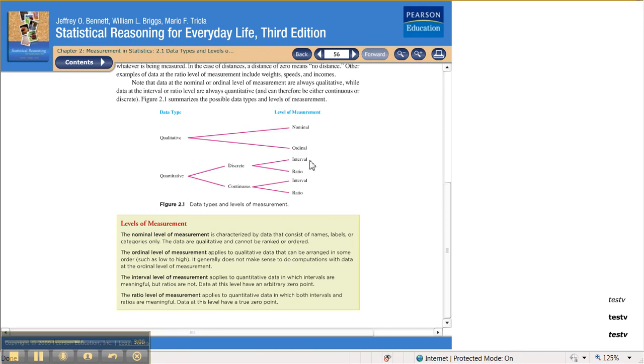If you move up the line a little bit and you're working with quantitative data, interval is not very common. So most likely you're probably not at the interval level if you're working with quantitative data. An example would be temperature. In Fahrenheit, it has no true zero.